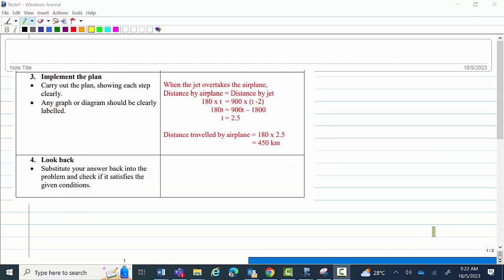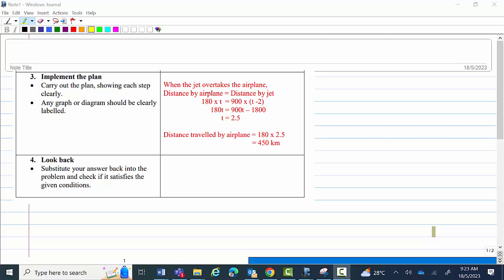Now we implement the plan, showing the steps. In order for the jet plane to overtake the airplane, the distance covered from the airport must be the same, since they take off from the same airport. Let t be the time taken by the airplane.